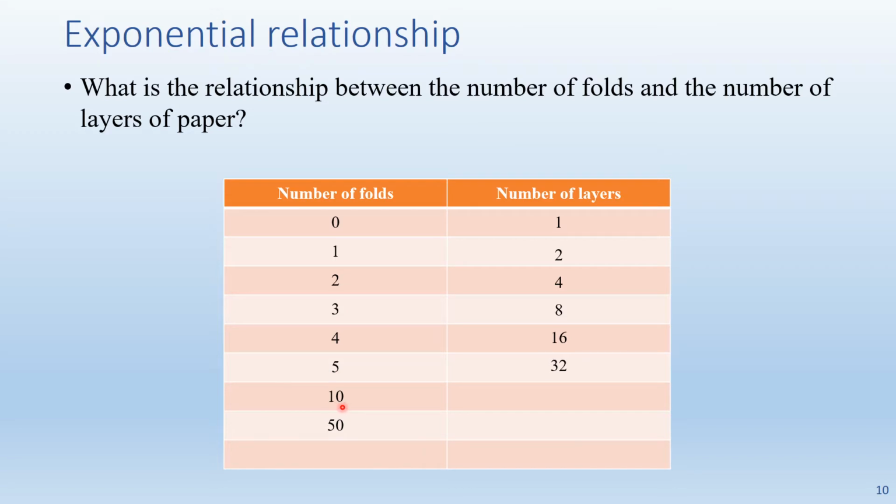So when we get to 10 folds we will need to double 10 times. So that's 2 to the power of 10, and of course it'll be 2 to the power of 50 when we have 50 folds. We can of course generalize this and say if we have n folds then we will have 2 to the power of n layers.